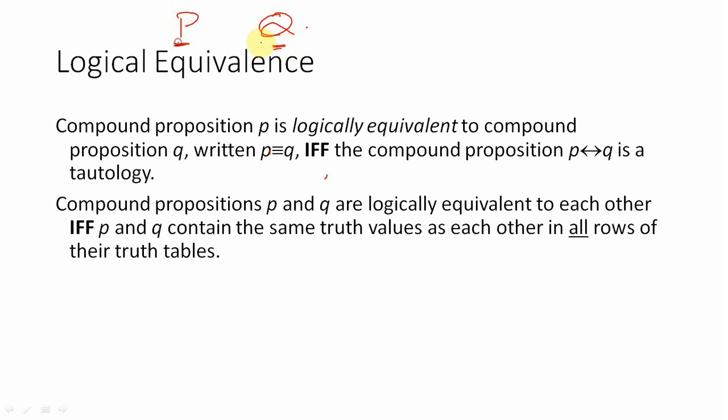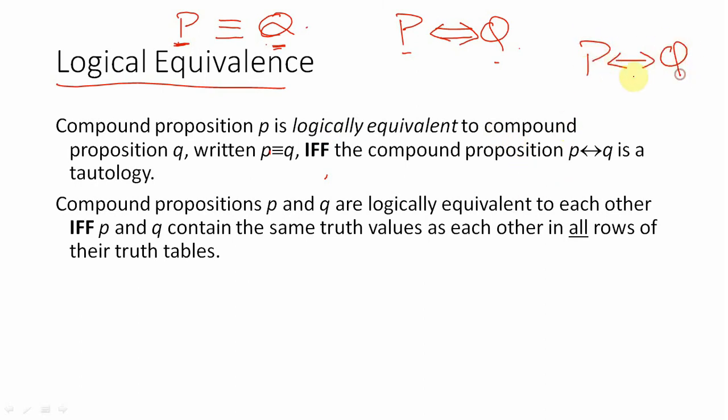These two compound propositions are said to be logically equivalent and are denoted like this, or in some texts like this, if both of them have the same truth table, or we can say if the compound proposition capital P biconditional capital Q is a tautology.